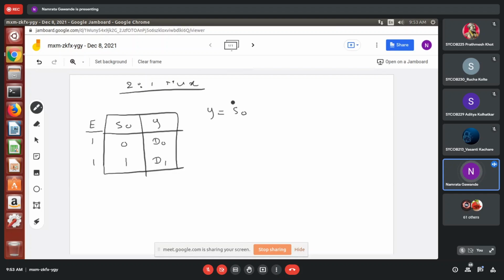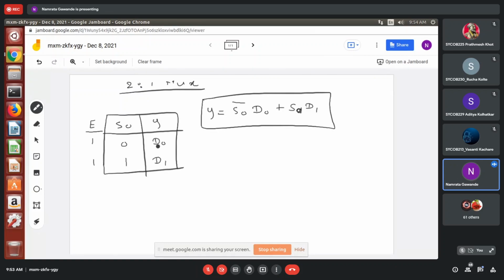So S0 bar, right? Always we take the product of the select line and the data input. So S0 bar D0 plus S0 and D1. This is the equation I am writing from this truth table.